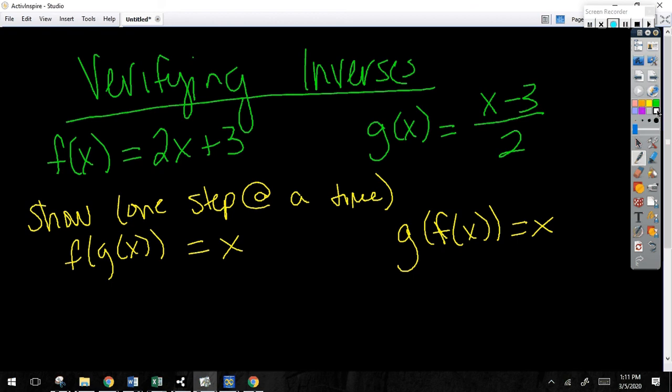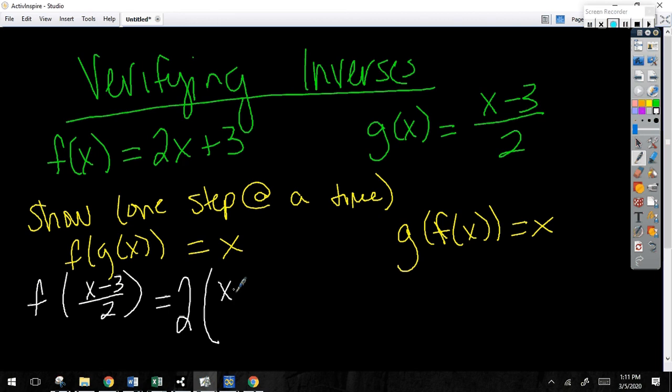All right, so if I do f of g of x, and I'm just putting this here because g of x is x minus 3 over 2, right? Okay. So this becomes 2 times... Do you still see the original equation there? 2x plus 3.